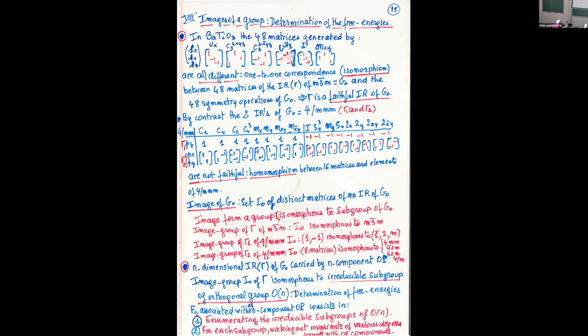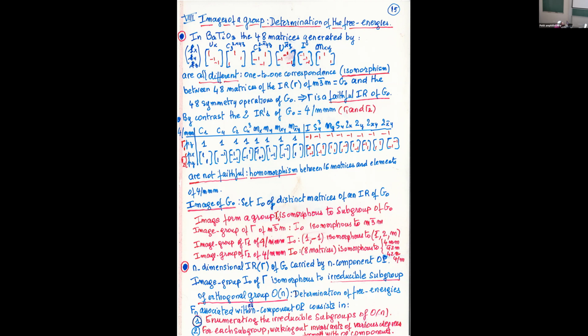So they are necessarily a subgroup of the orthogonal group. And so if we can calculate the subgroups of the orthogonal group O(n), we can determine all the possible free energies with index n, where n is the dimension of the order parameter, associated with the n-component order parameter.